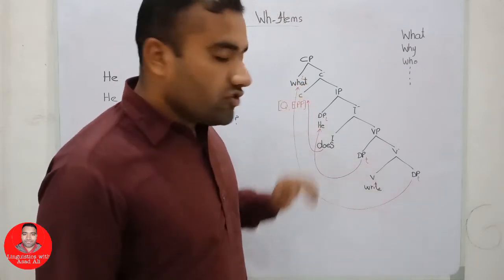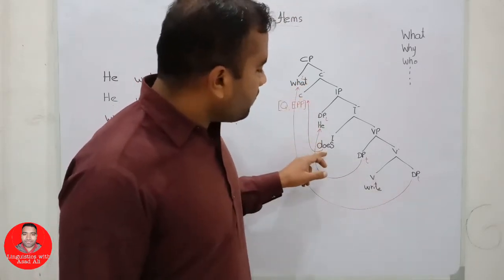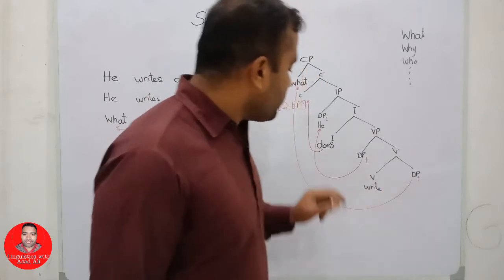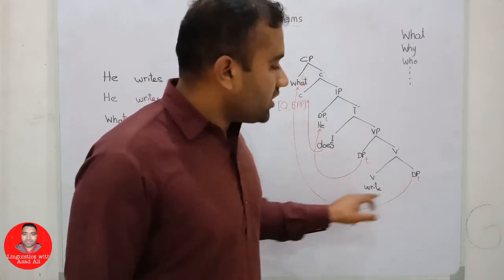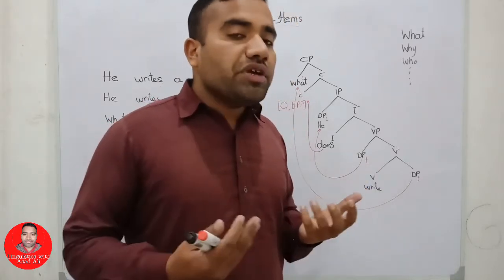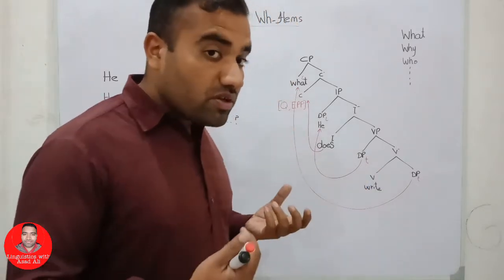Our sentence is not grammatical, because here we have the does and here we have the word what. We can say he does write what. This is not a grammatical sentence. And how can we make it grammatical? This is our solution.